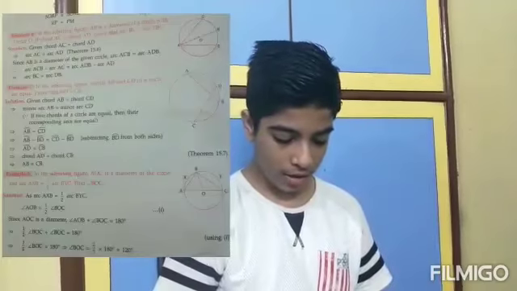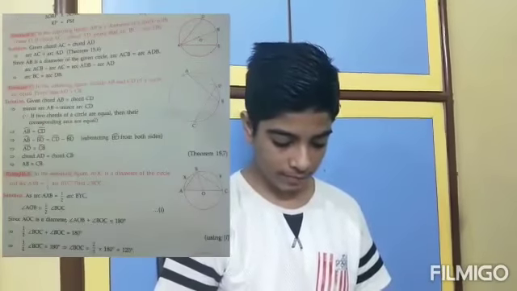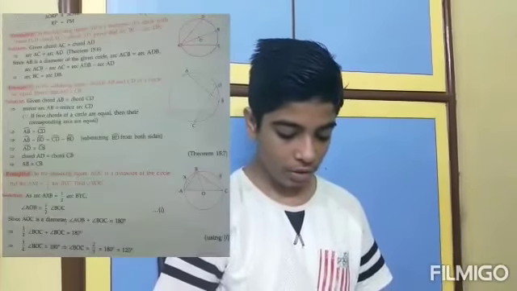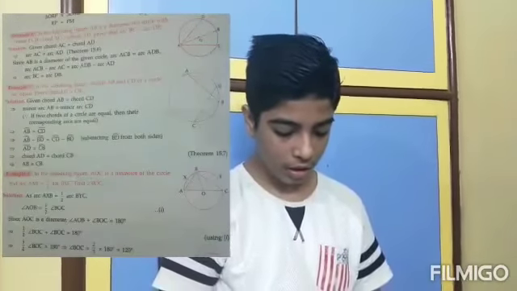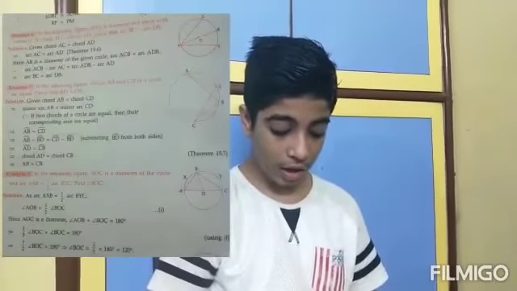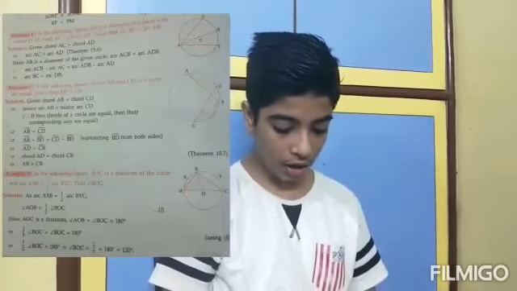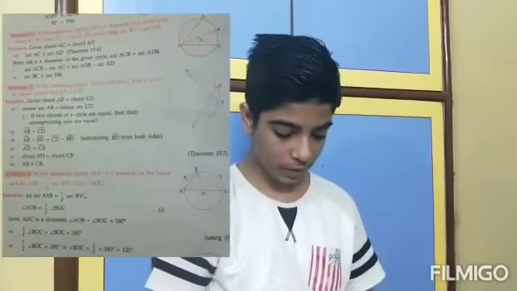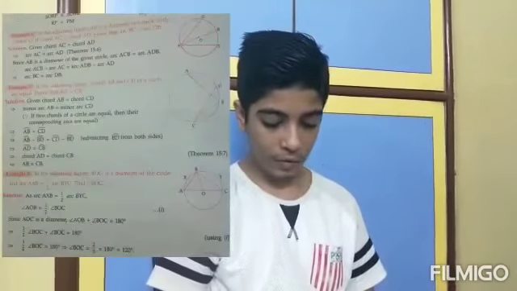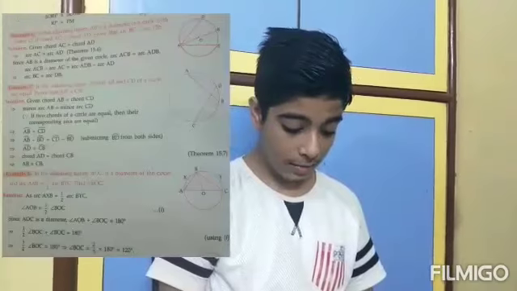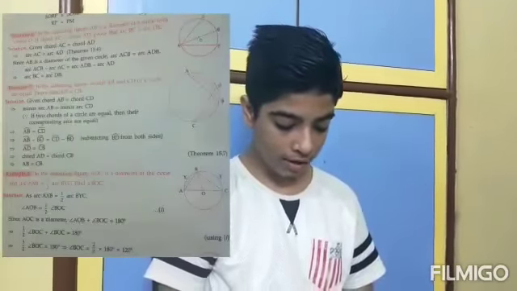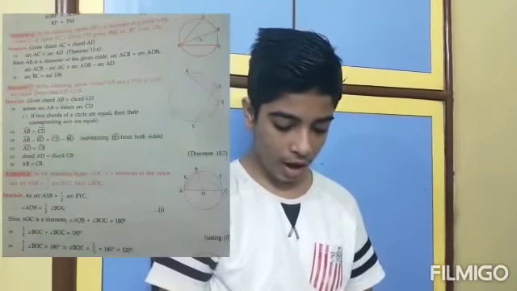Given chord AB is equal to chord CD, minor arc AB will also be equal to minor arc CD. Therefore, if two chords of a circle are equal, then their corresponding arcs will also be equal. So arc AB is equal to arc CD, which concludes to arc AB minus arc BD is equal to arc CD minus arc BD.